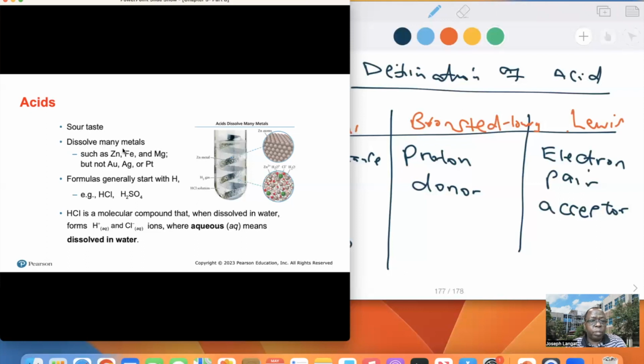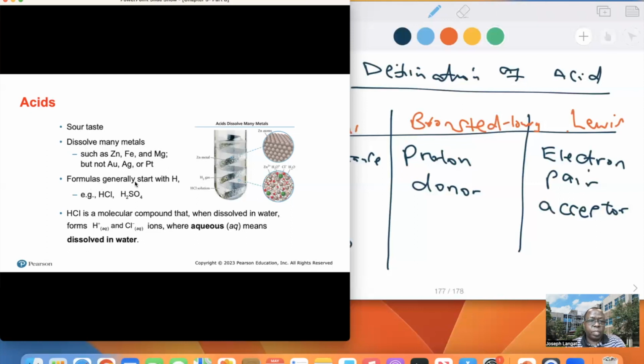They dissolve many metals such as zinc. Given this, there will be an experiment on a single replacement reaction in the lab, where you will see the reaction between some acids and metals. So they react with metals in single replacement reactions.